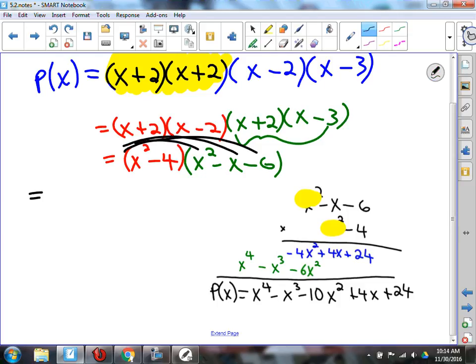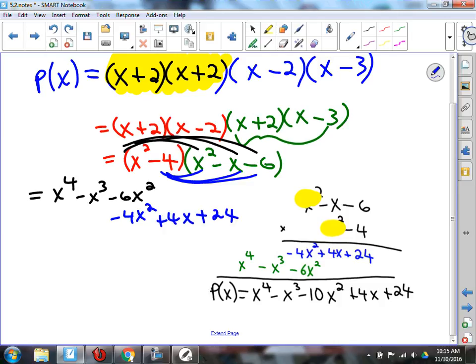We would have had x to the fourth minus x cubed minus 6x squared. Distributing the negative 4, we would have negative 4x squared plus 4x plus 24.